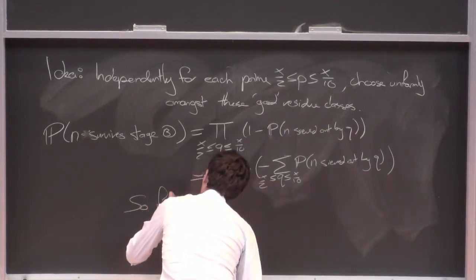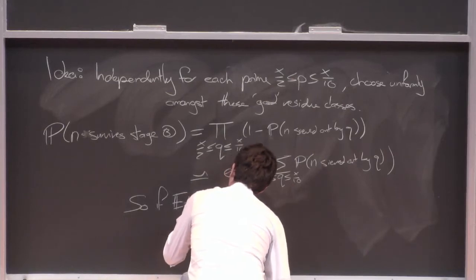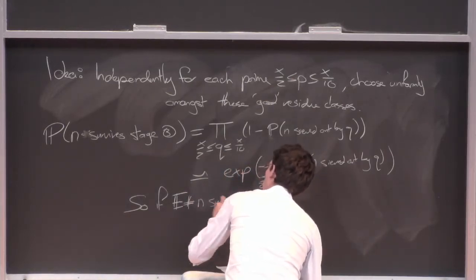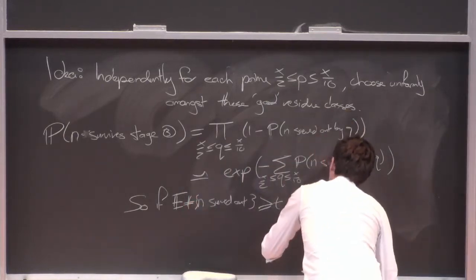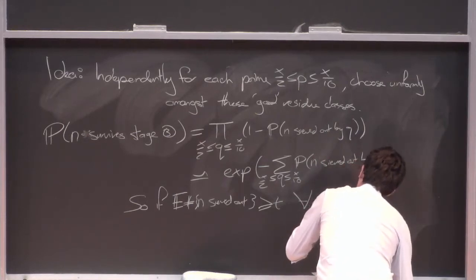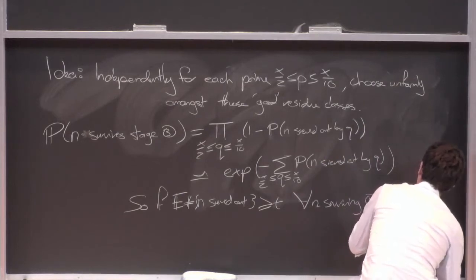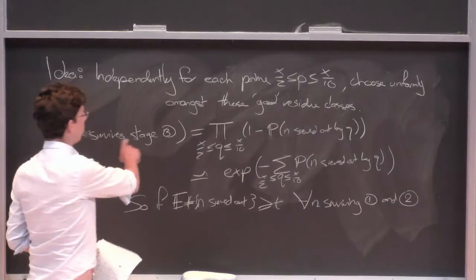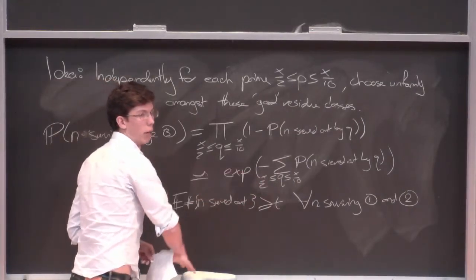So if the expected number of times that n is sieved out is, say, at least t for all n surviving stages 1 and 2, then the expected number that would survive stage 3 would be a proportion at most e to the minus t.